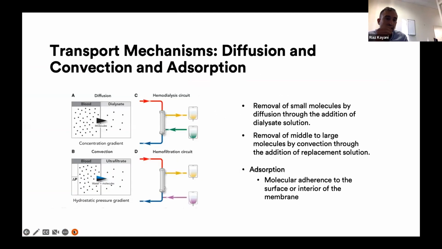And the physiological mechanisms are diffusion and convection. Convection essentially means that across the membrane there's a hydrostatic gradient, so fluid is going through and being filtered, similar to making coffee, if you like.